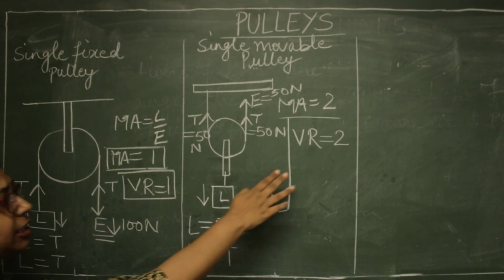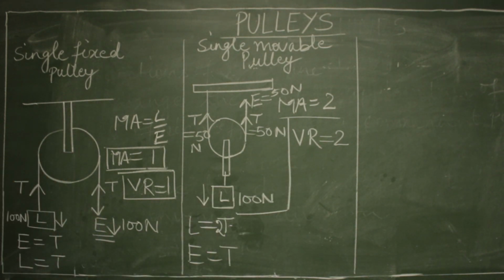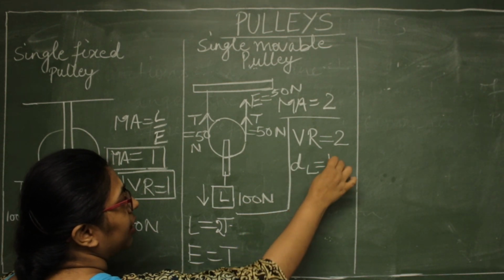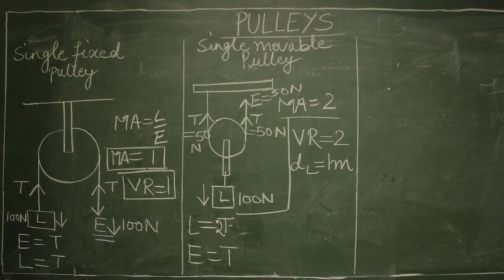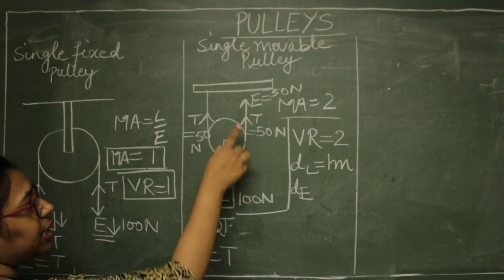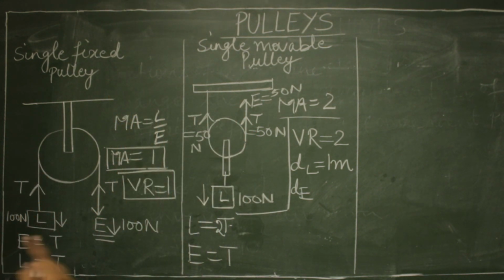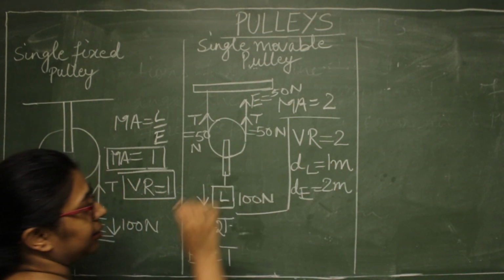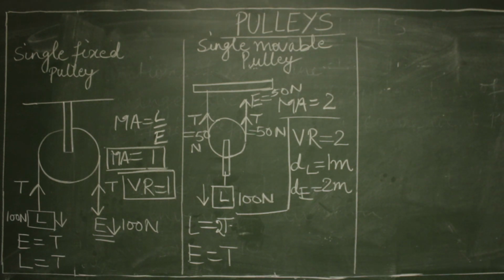But here the velocity ratio is 2, which simply means that if I want to raise the load by 1 meter, then the displacement due to effort should be 2 meters, which simply says that a machine which is considered as a force multiplier comes at the cost of speed.